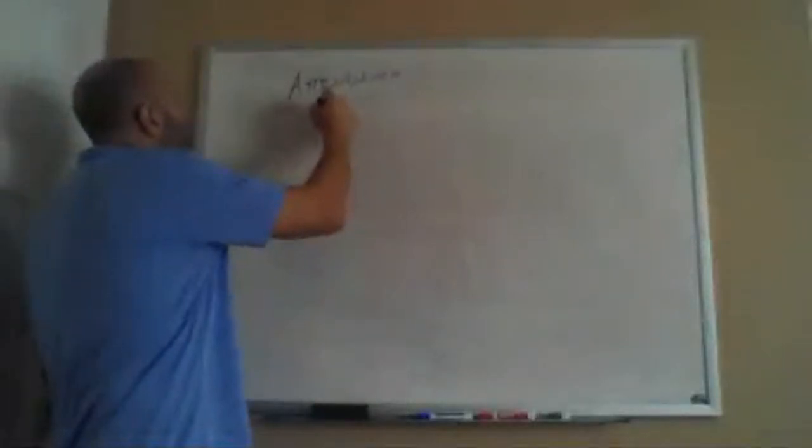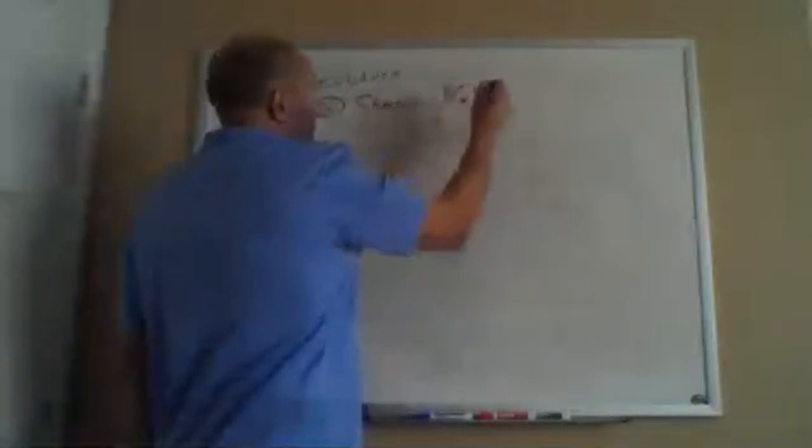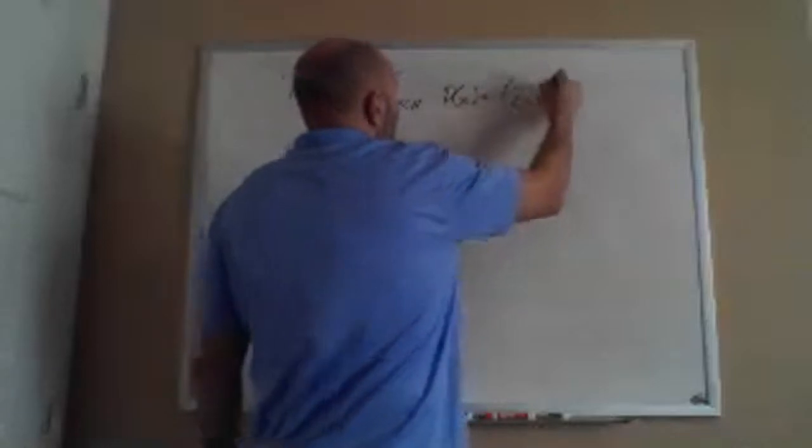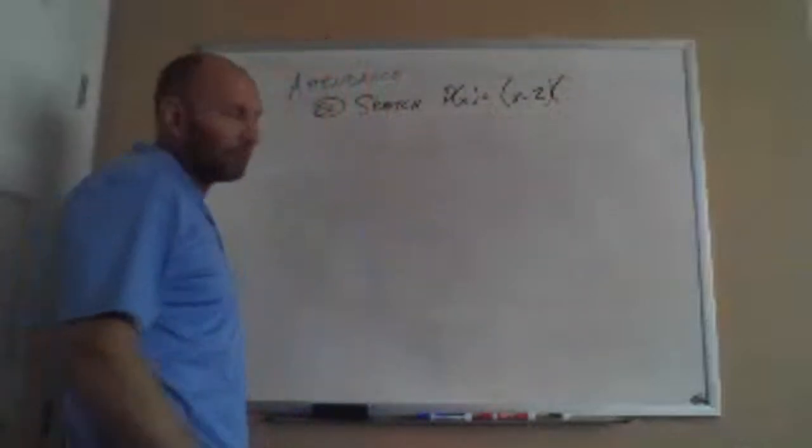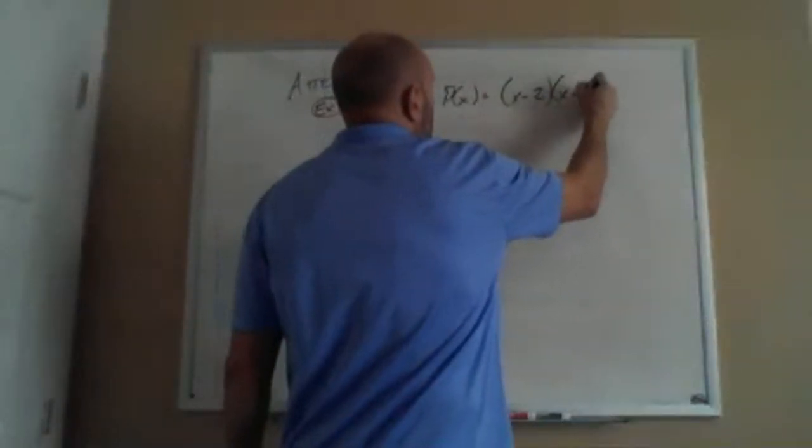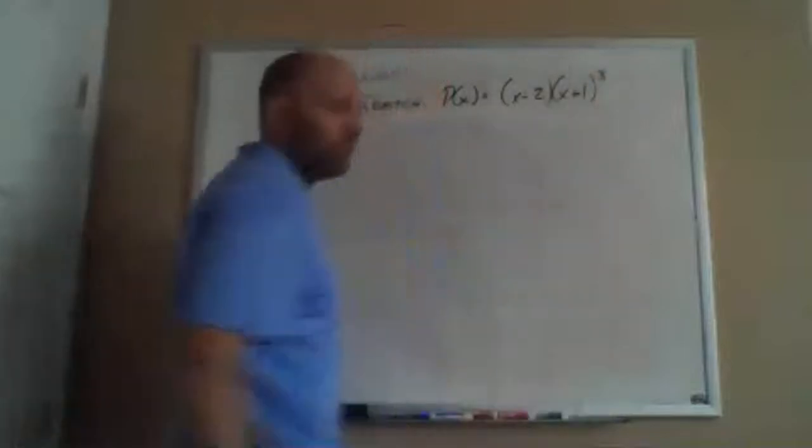This will be the attendance question for today. So we want to sketch the following polynomial. P of x is equal to x minus 2 times x plus 1 to the third power.